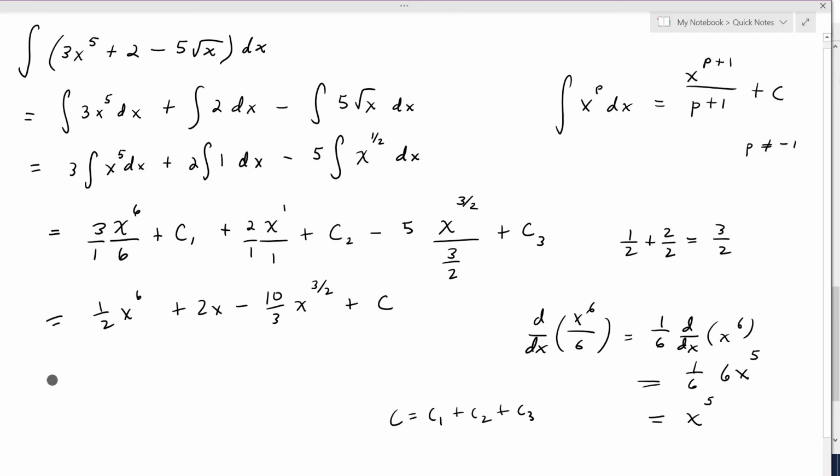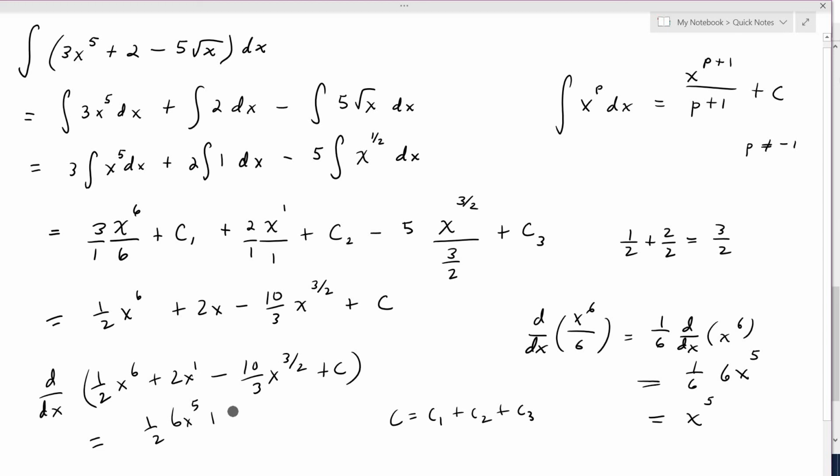Now, if you want to double check it, just take the derivative of this, and make sure that it's equal to this, right? So if this really is the antiderivative of this function, then when you take the derivative of it, it should go back to this. So that's a way of checking it. So let's just check it real quick. So here the 6 comes down, you subtract 1, multiply it by 1/2.